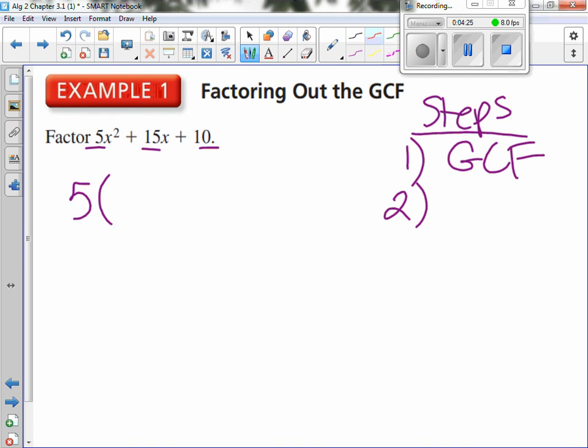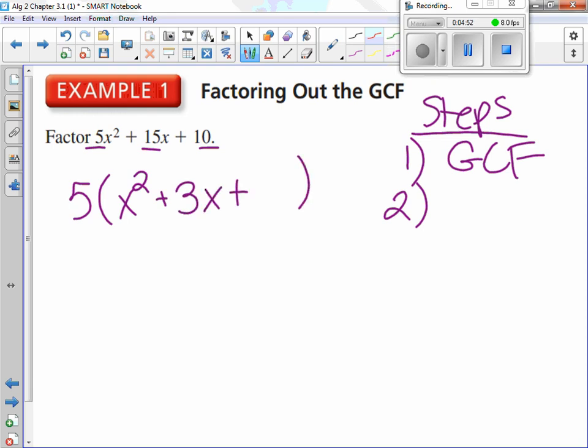So what we're going to do is I'm going to have 5 parentheses. Because we're factoring it out. We're pulling it out. We're dividing it out of each term. So what is 5x squared divided by 5? X squared, because the 5 and 5 would simplify to 1, yes? So we're left with x squared. What about 5 divided out of 15? 3x, yes. Because 15 divided by 5 would give me 3, and I have x.